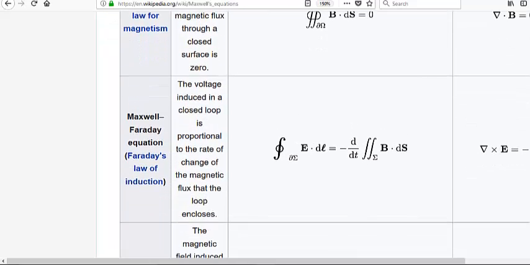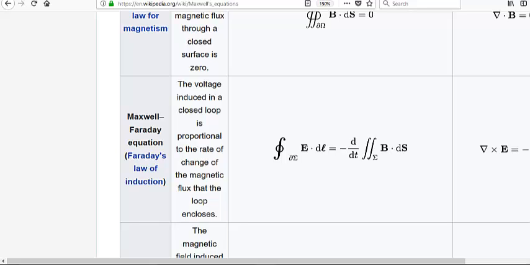Okay, then you have Maxwell and Faraday's equation. So this is Faraday's equation. This is basically the current. If in a wire, that term would represent the current. Actually, it would also have mu 0 in there, or epsilon 0, mu 0.